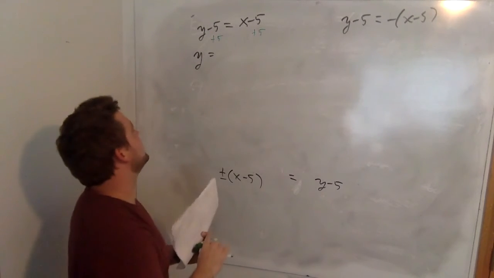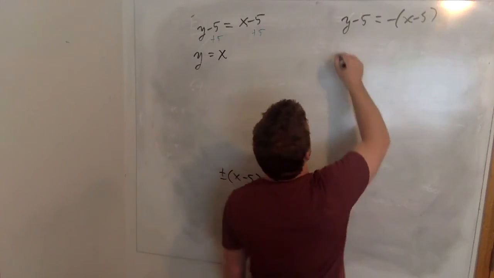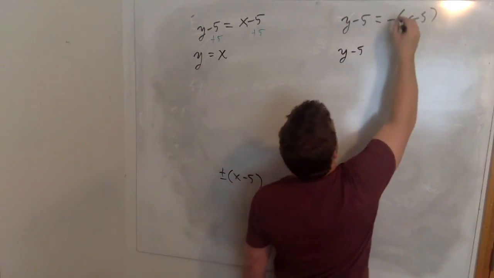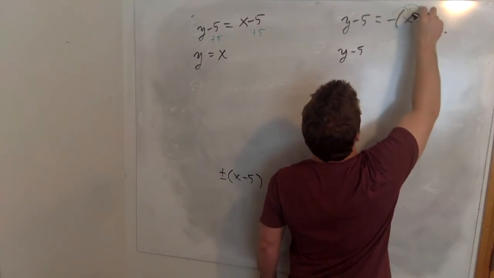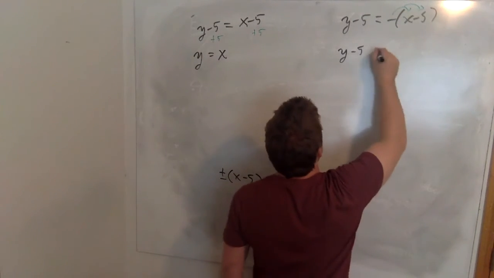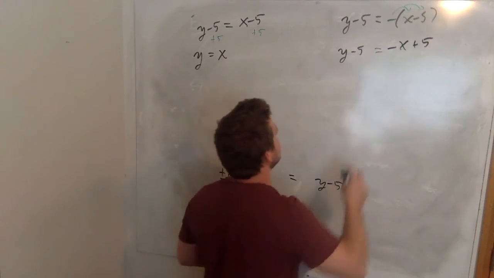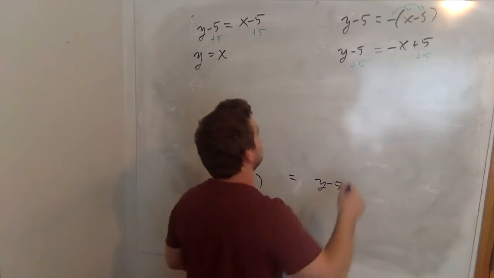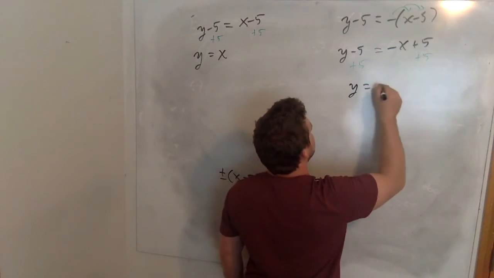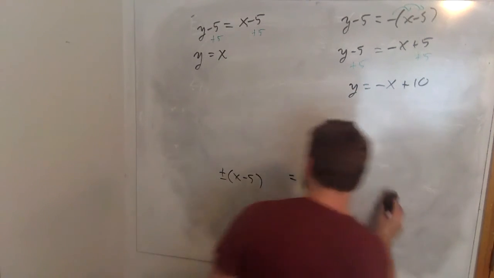It looks like we're going to get y equals x. And over here, we'll have a y minus 5. We need to distribute this negative into the parentheses. So this will be equal to a negative x plus 5. Let's add 5 to both sides. So we have that y will be equal to a negative x plus 10.